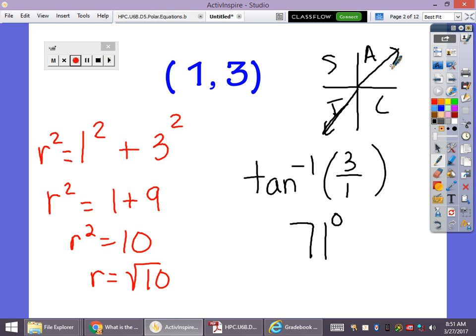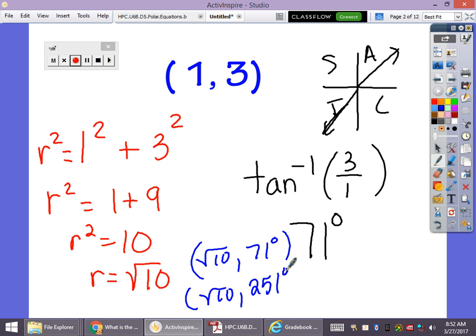So each time I move a quadrant, how many degrees do I move? Each quadrant's how many degrees? 90. So I went 90 and another 90, so I went 180. So my answers can be the square root of 10, 71, and the square root of 10, 251 degrees. Okay, good.